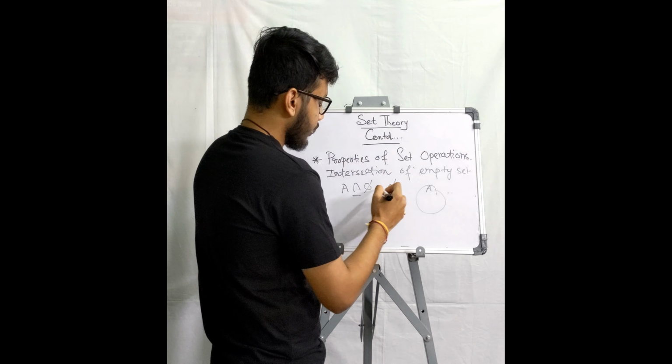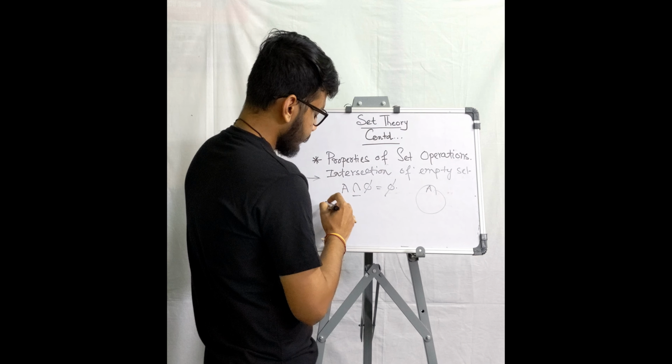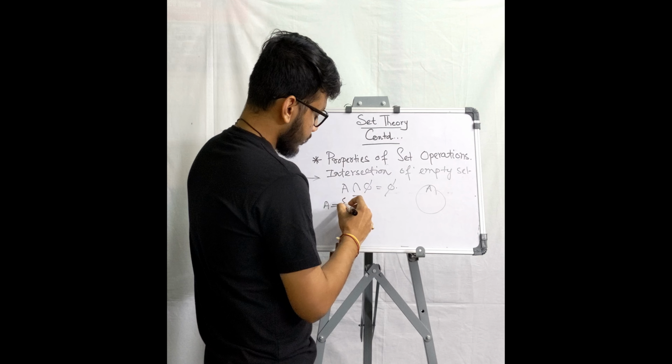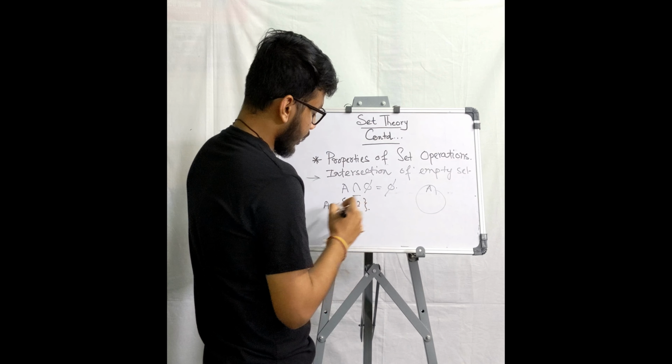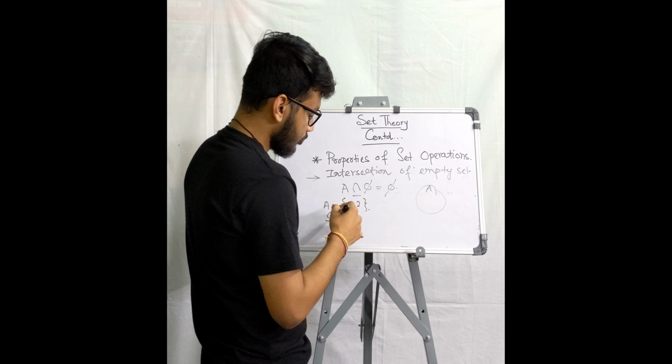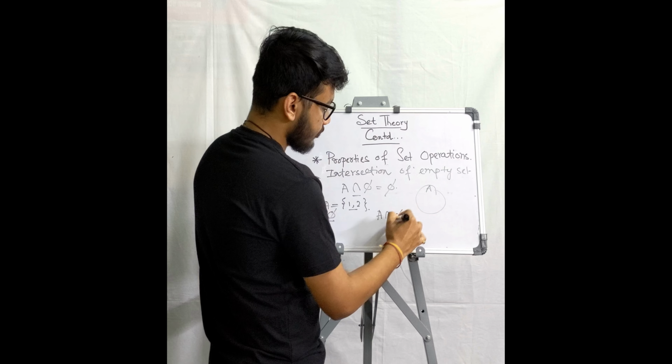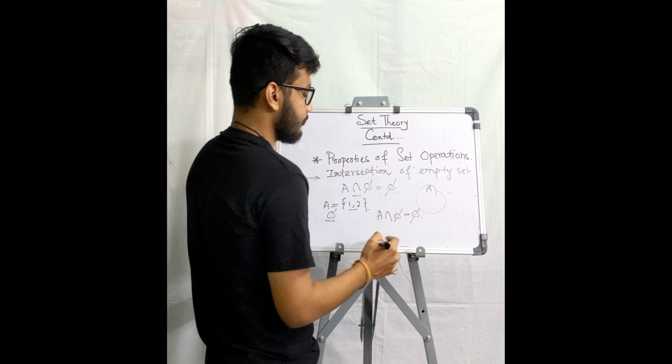So when I intersect it, I am going to get an empty set. Therefore, say A is 1 and 2, and we have an empty set phi. Obviously, there is nothing common between 1 and 2 and phi. So what will be the answer? A intersection phi is nothing but an empty set.